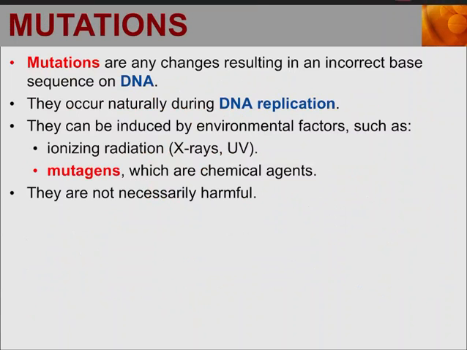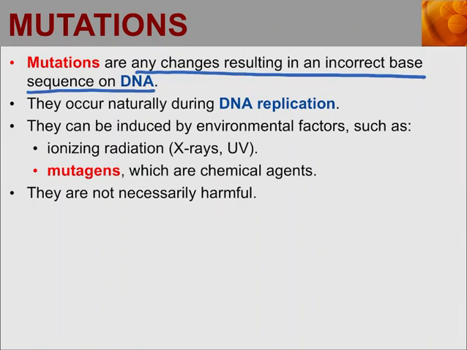Now, one last thing before we wrap up this chapter on protein synthesis. Remember that mutations are possible. So mutations are any changes resulting in an incorrect base sequence on DNA. Now, this could, down the road, lead to a mutation in a protein, right?